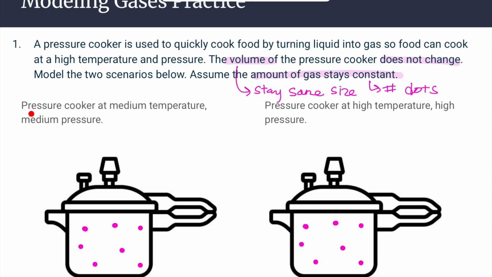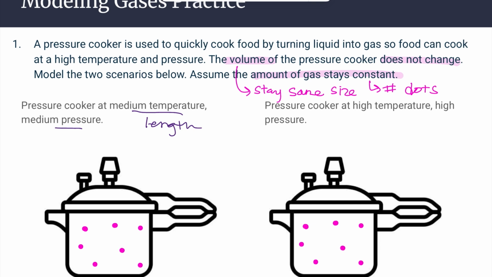So we first have our pressure cooker at a medium temperature and a medium pressure. And so maybe this is as it's just starting to heat up. And the reason you put liquid into a pressure cooker is that when it heats up, that gets to a gas. So medium temperature means that's going to be represented in the length of our arrow.